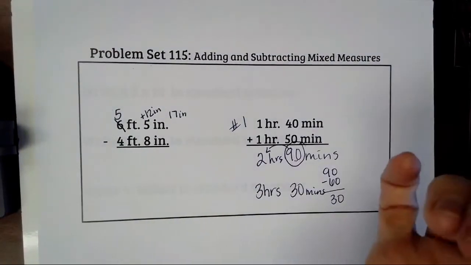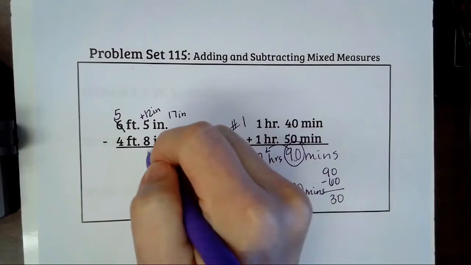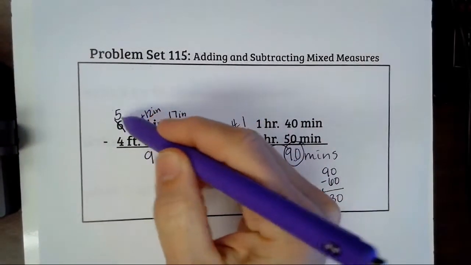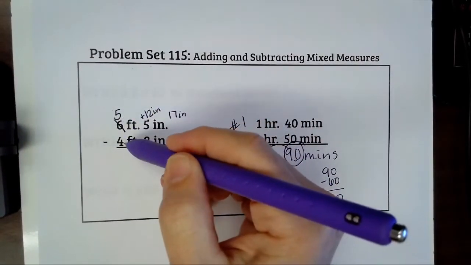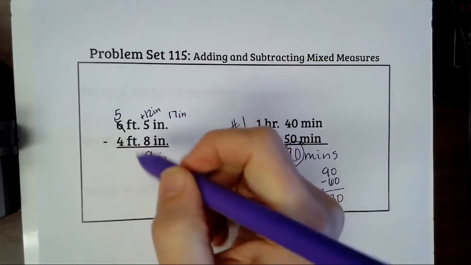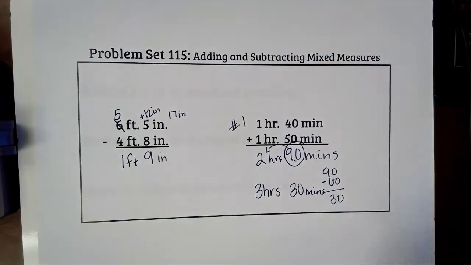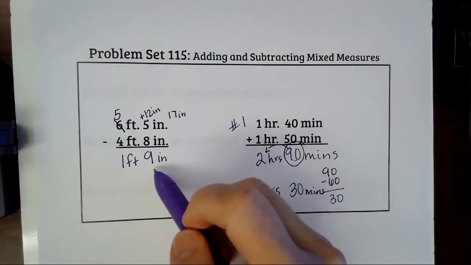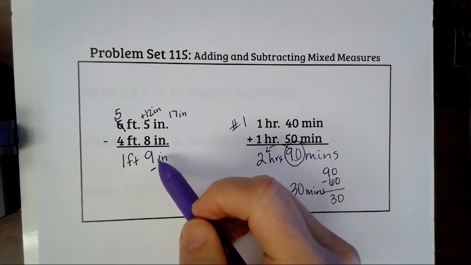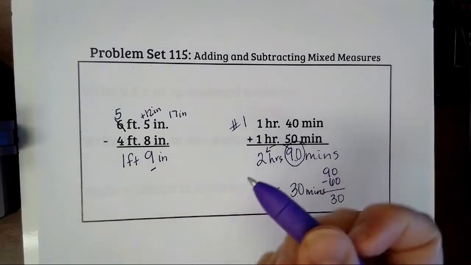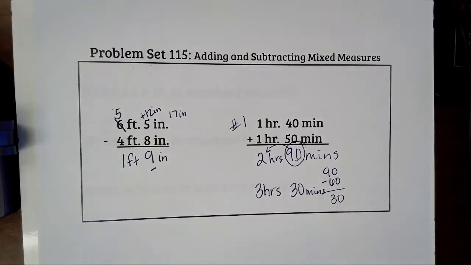So 17 minus 8 is going to give us 9 inches. And now we're going to come over here to our feet. 5 feet minus 4 feet is going to give us 1 foot. And there's nothing we need to do. This isn't over 12. If it was over 12, we would need to add a foot over here. But since it's not, our answer is 1 foot 9 inches.